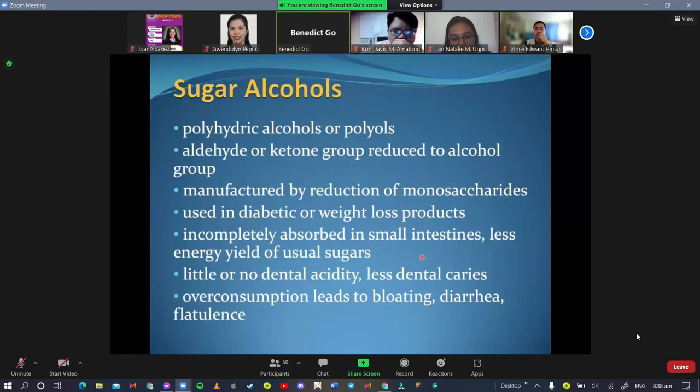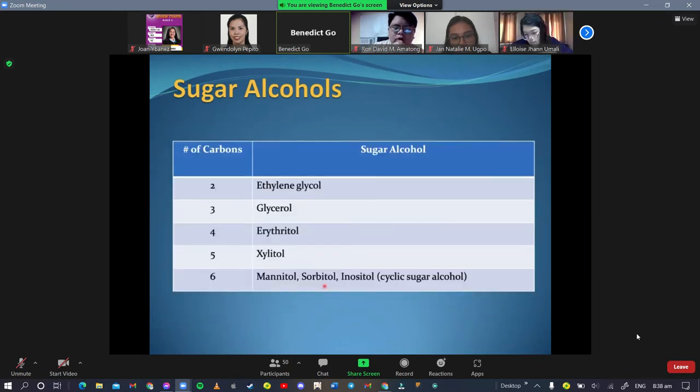It draws the water out. Therefore, you have bloating and what's called an osmotic diarrhea. All right, so for sugar alcohols, these are just very common examples. You find erythritol and xylitol, and these are the ones you find in artificially sweetened products. Don't have to really memorize those, not really so important.